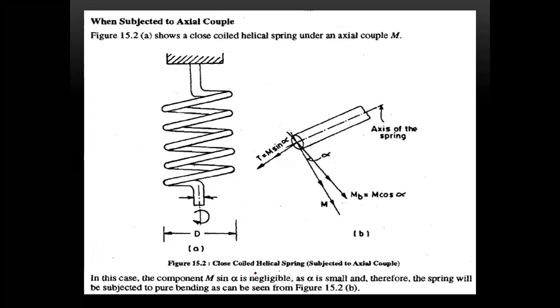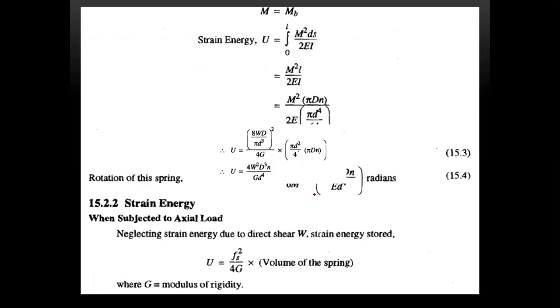Coming to the axial couple, when subjected to the axial couple, it is a twisting. So same figure, the same nomenclature. Then what do you have to do? Here M is equal to MB, the strain energy U is equal to M square ds by 2EI, that is equal to M square into L by 2EI.